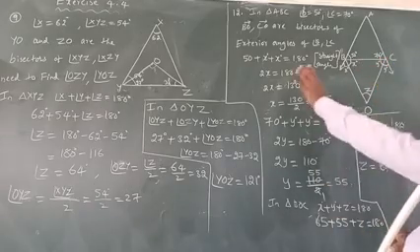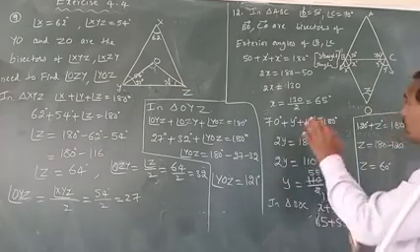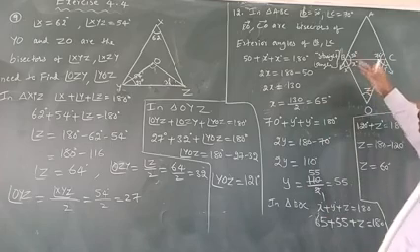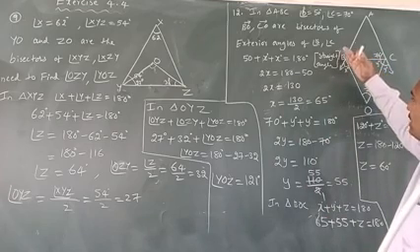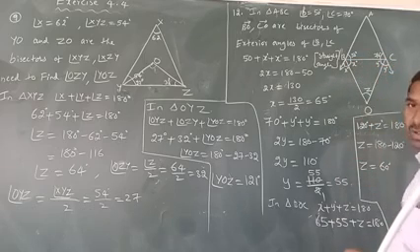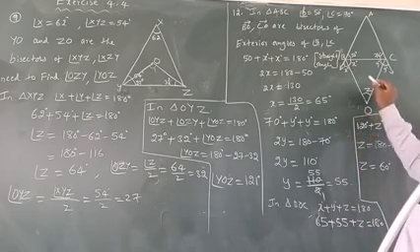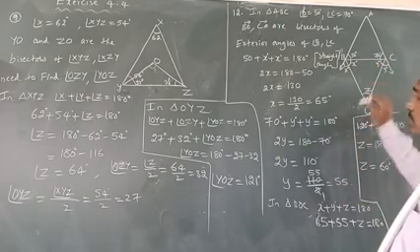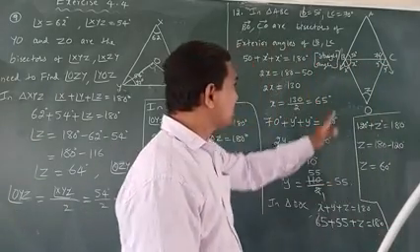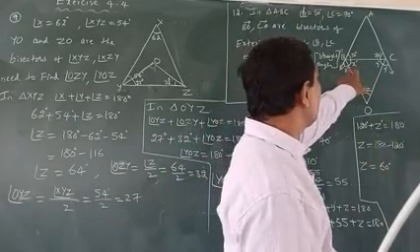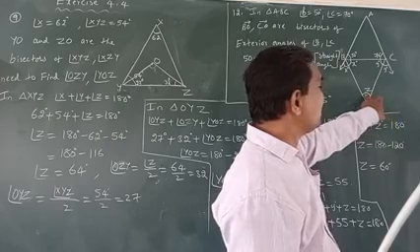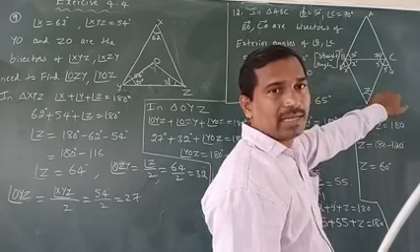Using the bisectors of these two exterior angles, the two bisectors meet at O. Then here we need to find the Z value. The bisectors of exterior angles B and C intersect at O. This is the angle Z. So we need to find angle Z.